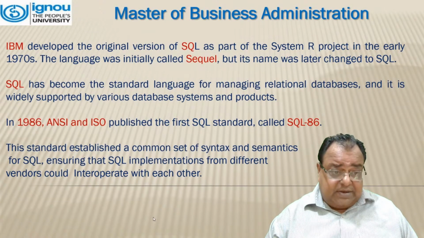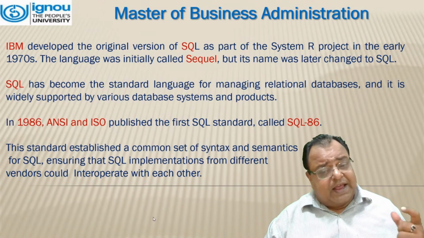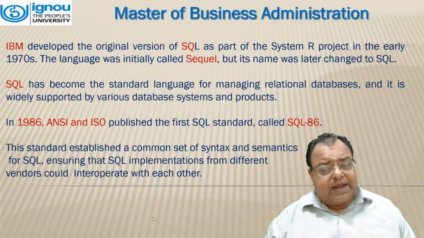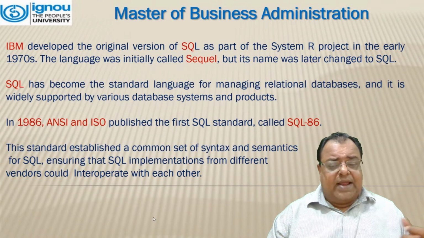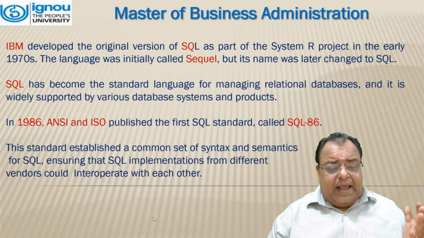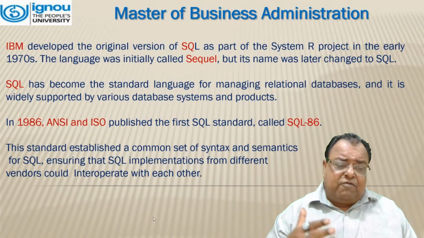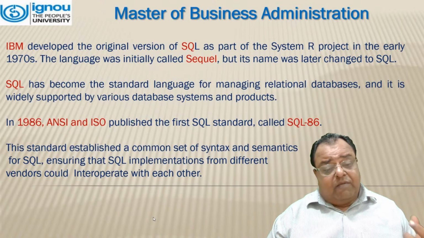In 1986, ANSI and ISO published the first SQL standard, calling it SQL-86. This standard established a common set of syntax and semantics for SQL, ensuring that SQL implementations from different vendors could interoperate with each other.